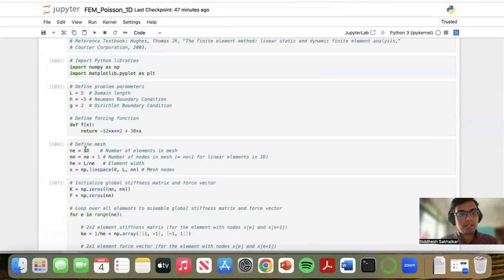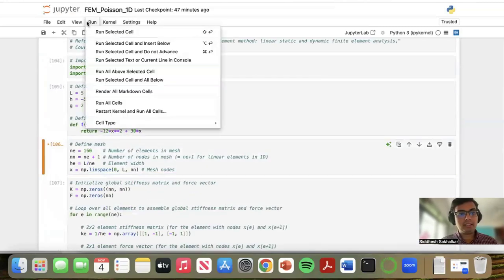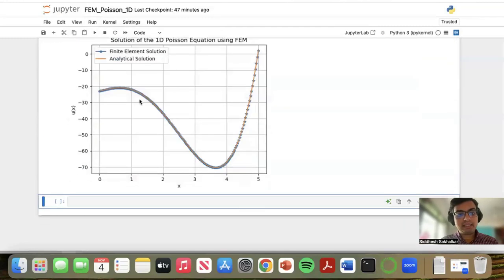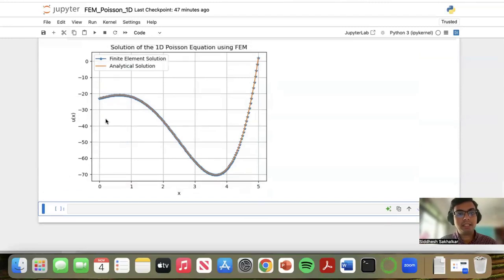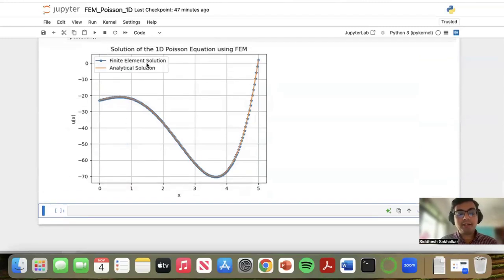And if we refine the mesh further to 160 and run all the cells, it's almost overlapping with the analytical solution. So this simple demonstration shows that in the finite element method, as you refine the mesh, as you make the element size smaller and smaller, the FEM solution converges to the analytical solution.